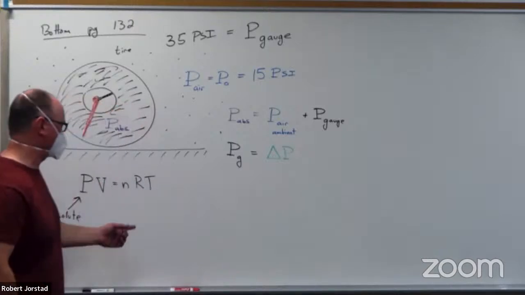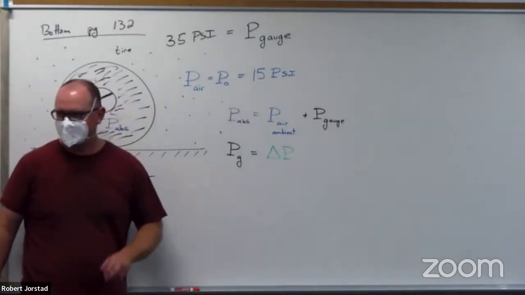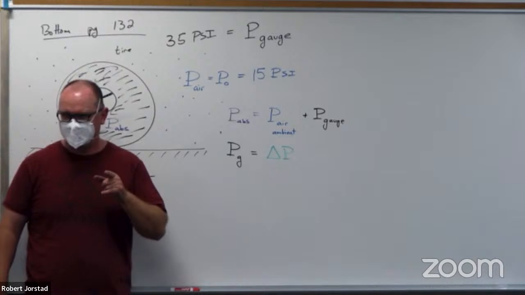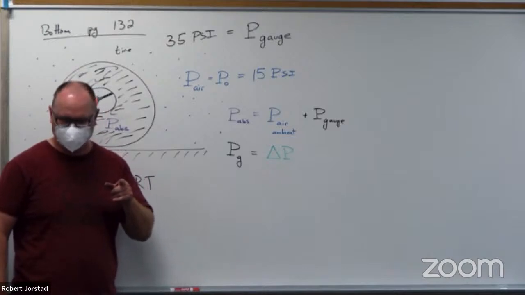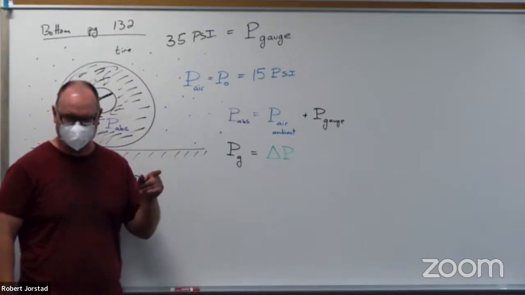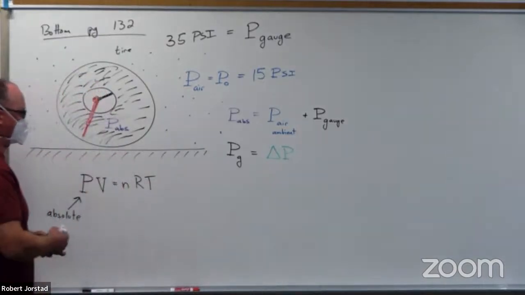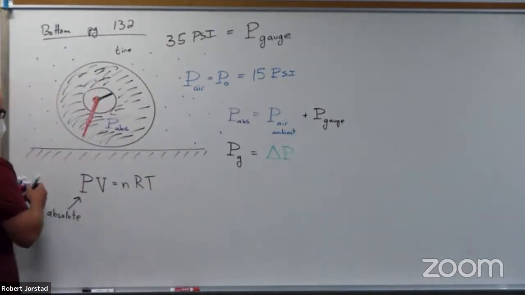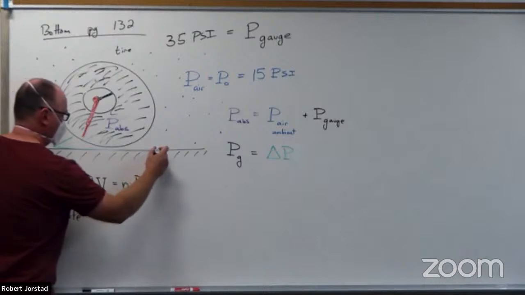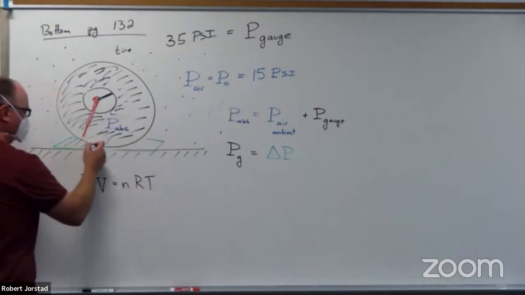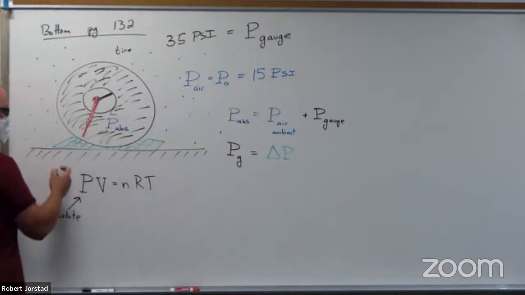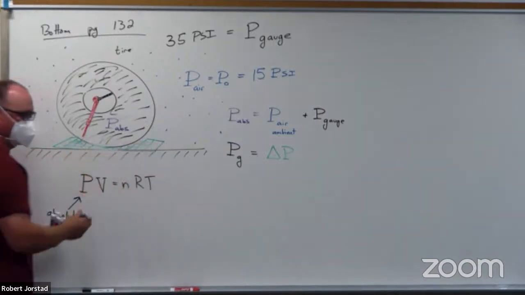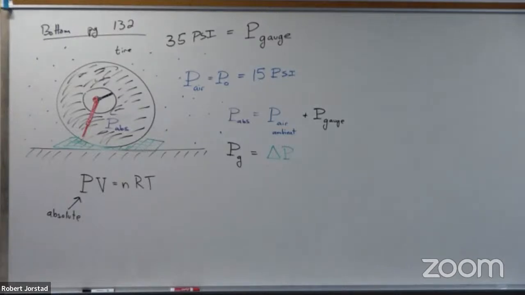Gauge pressures are great for forces though, right? Here's a crazy thing. How can we check this? Take a piece of graph paper, drive over it, pump up your tire, read the pressure. Then, when you have the graph paper underneath, trace out the tire. You trace out the tire and you'll get the area of the contact patch with the ground.